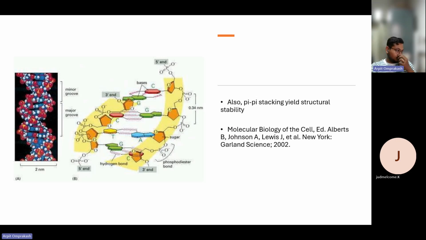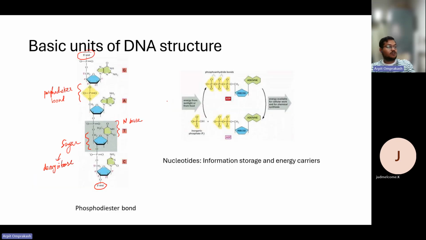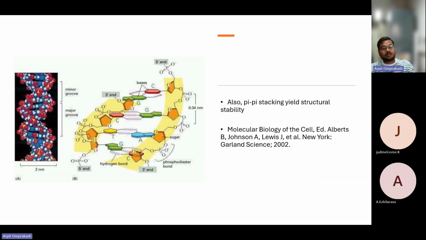And if you look at it closely, the nitrogen bases are basically these circular structures which have a delocalized electron pair, kind of similar to what we have in benzene, right? So with this delocalized electron cloud, consecutive nitrogen base pairs basically stack on top of each other, and that is what we call pi-pi stacking.